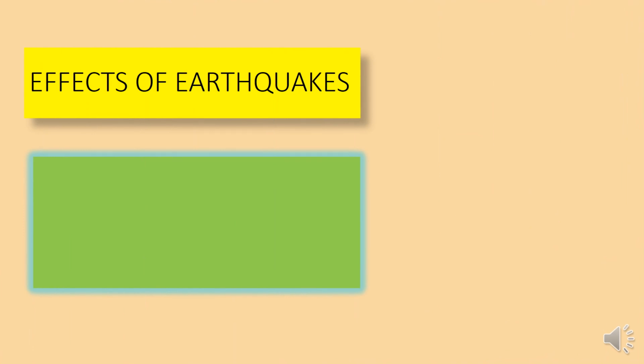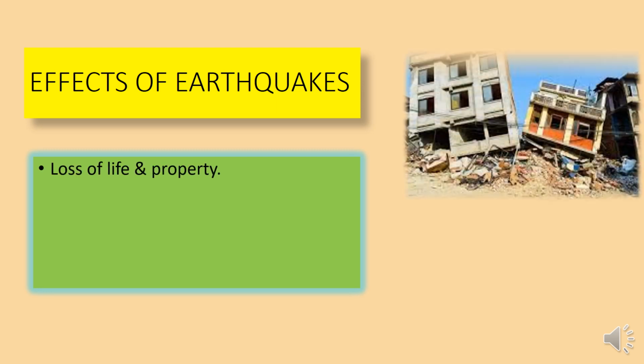Next is the effects of the earthquake. What are the effects? Now, you have heard what an earthquake is and how it is caused. Now, what are the effects after the quakes? Loss of life and property. Yes, it is a natural cause. We don't have anything in our hands, but a loss of life and property happens.